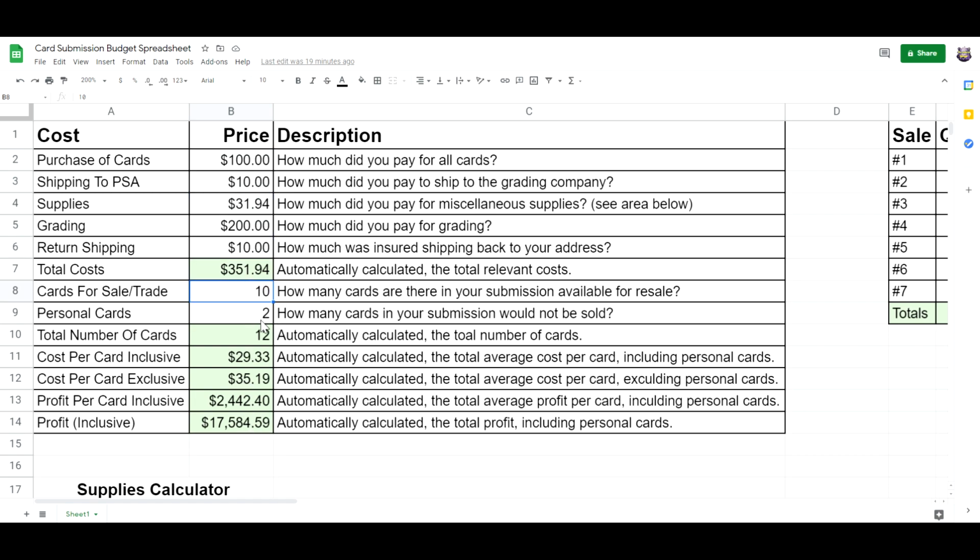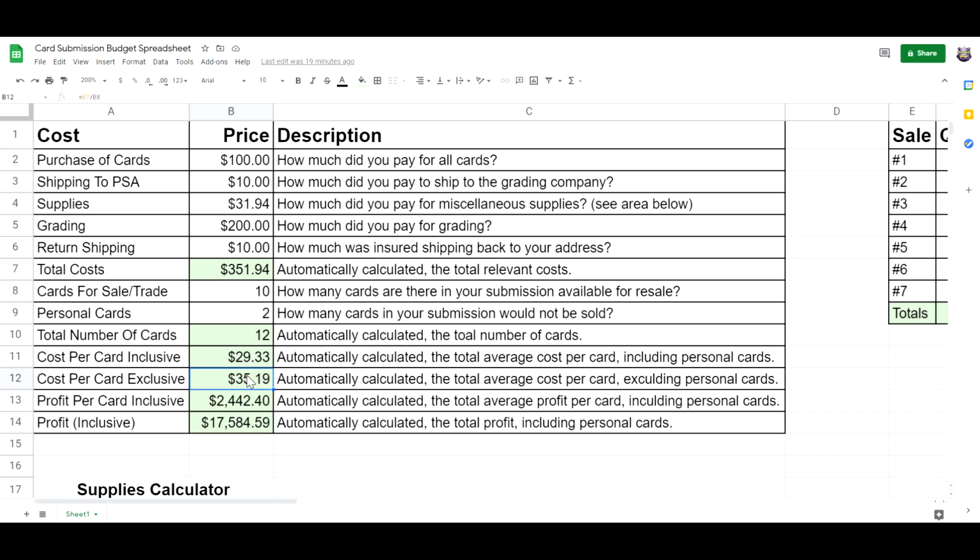And you could make the argument that that's not a fair allocation of costs, because I'm basically ignoring these 2 cards. So I'm basically saying these 2 cards get a free ride. They get graded for free, they get shipped for free, they get free card savers and sleeves and free return shipping, and basically I'm not even paying for these cards.